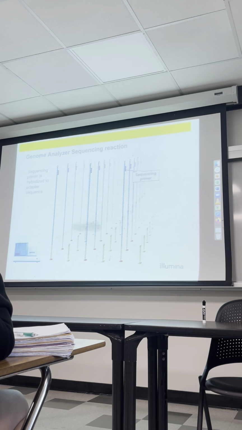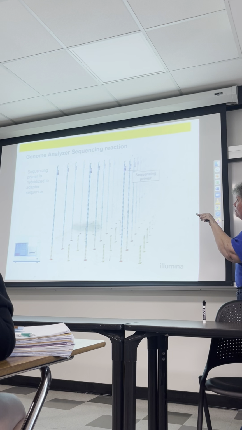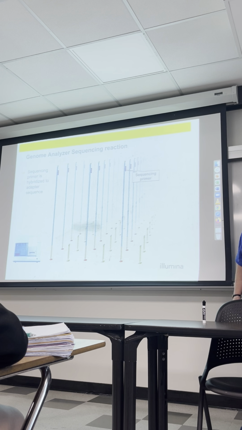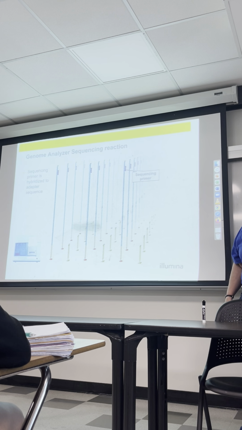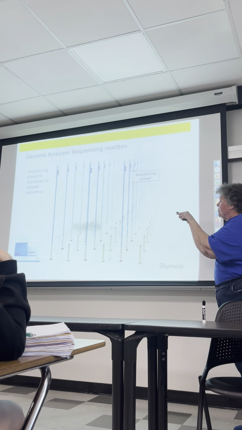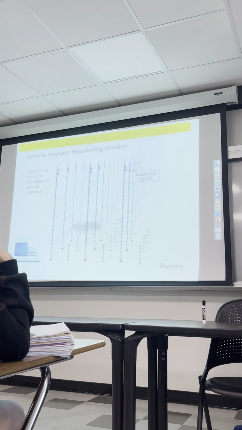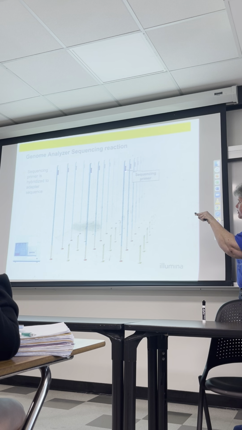And again, this is where those essential adapters are so important. So you have all forward strands, and then you have a known sequence, again, down here from the adapter, to which you can bind a sequencing primer. And then it becomes much more like the Sanger dideoxy sequencing that we talked about, or will talk about in lab, in that you have a specific primer that's going to bind to a specifically designed place on the DNA, and the polymerase is able to add bases one at a time, and you're able to see what sequence it's adding.